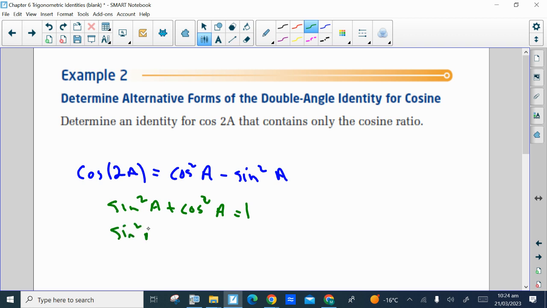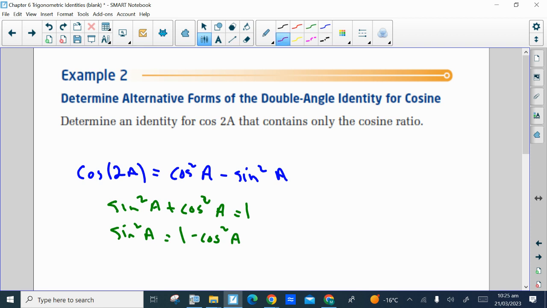One of them is that if you take this original Pythagorean identity and you subtract cos squared A from both sides, you'll get sine squared A by itself on the left equaling 1 minus cos squared A on the right. That's a variation of that original Pythagorean identity. And you will use these often, not only the original version, but also this variation.